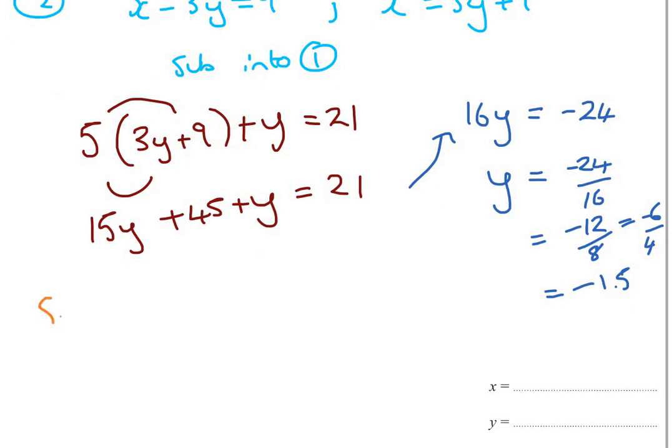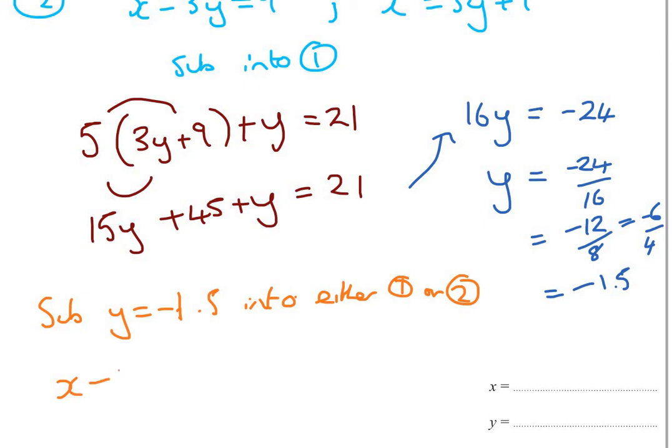Okay, now all we have to do is sub y equals minus 1.5 into either 1 or 2. So let's sub it into number 2, which was x take away 3y equals 9.